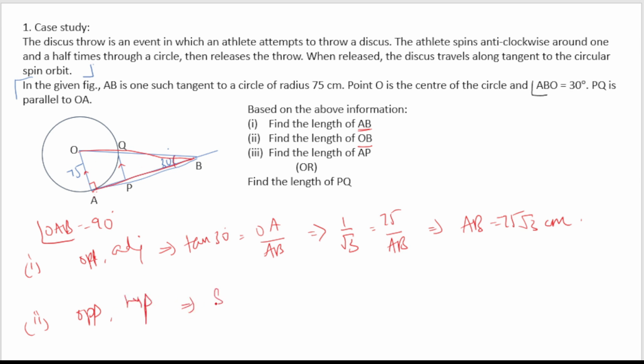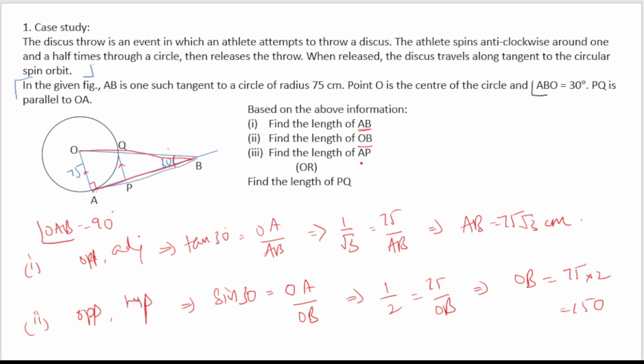So we will use sin theta. Sin 30 is equal to opposite side OA divided by OB, the hypotenuse. Sin 30 is 1 by 2, equal to OA 75 divided by OB. Here OB is equal to 75 into 2, that is 150 centimeters. This OB is 150 centimeters.